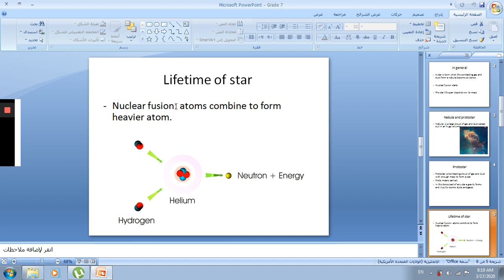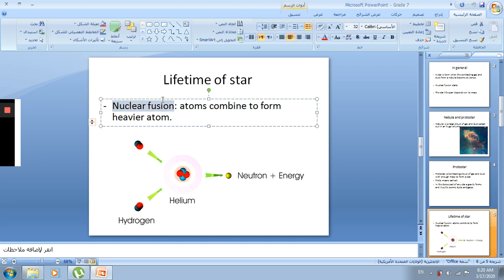Before the lifetime of a star, let's talk about nuclear fusion, because it's very important for forming a star. In nuclear fusion, atoms combine to form heavier atoms. For example, two hydrogen atoms combine or fuse to form helium. After that, helium radiates energy and neutrons. That's not important in our study, but we have to know the meaning of nuclear fusion.